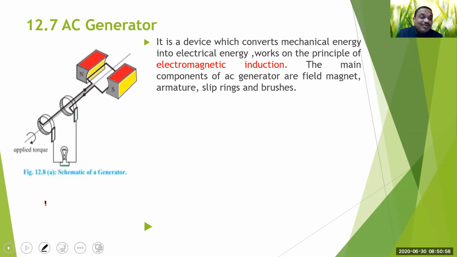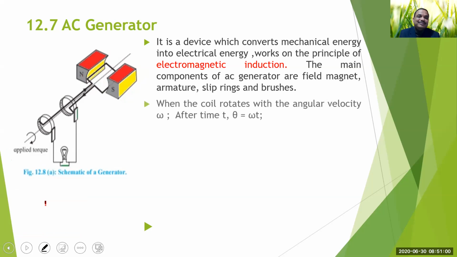So see how it works. The coil or armature rotates by an external agency of mechanical force. Here mechanical energy is converted into electrical energy in the presence of a magnetic field.